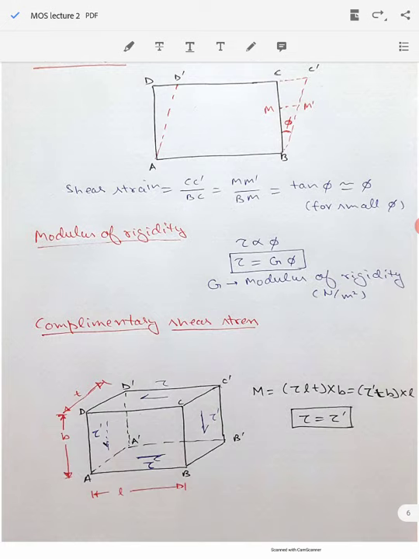So when a stress of magnitude tau is being applied on the two planes of this rectangular parallelepiped, the length of it is L, the width is B, and the thickness is T. So these two stresses will cause forces to act on these planes, whose magnitude we can always obtain by multiplying the stress by the area on which it is acting.